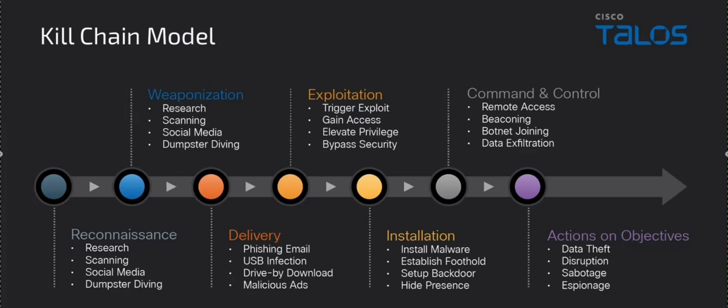But the most important ones for adversary profiling are research, scanning, and social media, because it's very rare and unusual for threat actors to physically conduct social engineering, especially something like dumpster diving. Threat actors mostly operate in cyberspace, not in physical space.